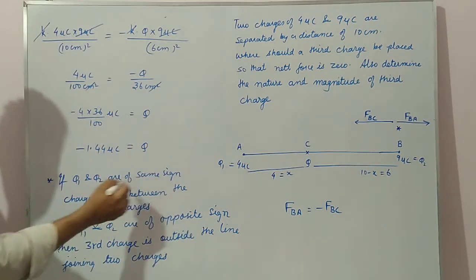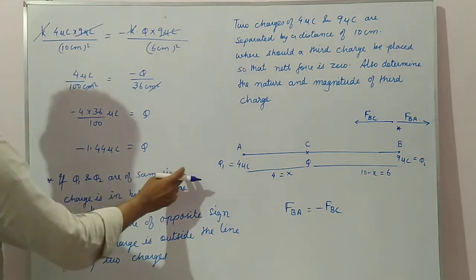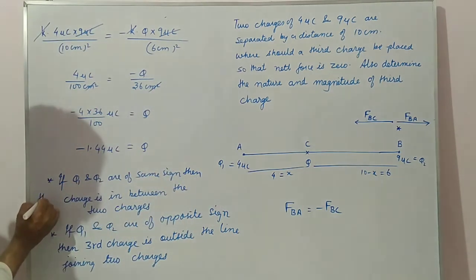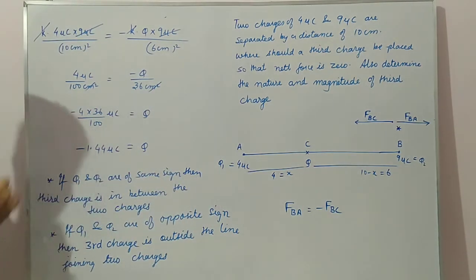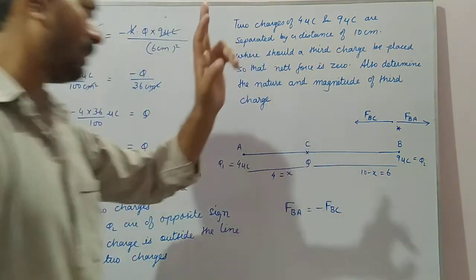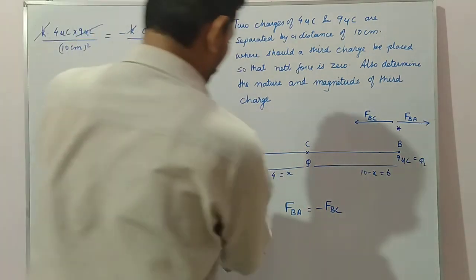So if they are of the same sign, the third charge will be in between them. If they are of opposite sign, then the third charge will be outside the line joining the two charges. I am showing it here.